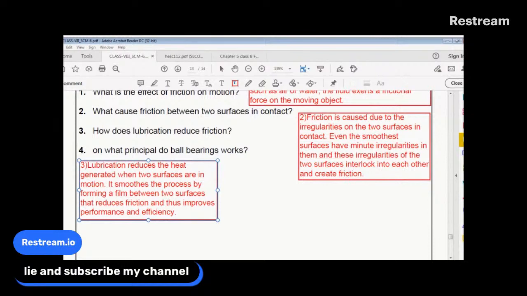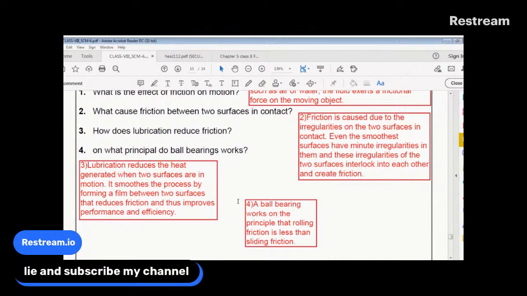A ball bearing works on the principle that rolling friction is less than sliding friction, isn't it? This is number four.